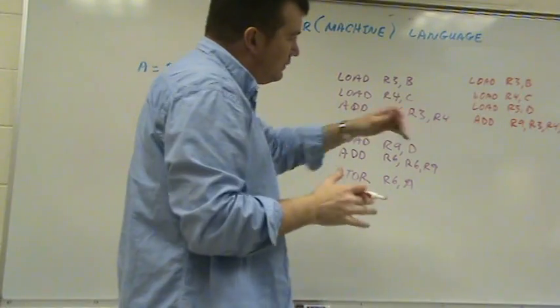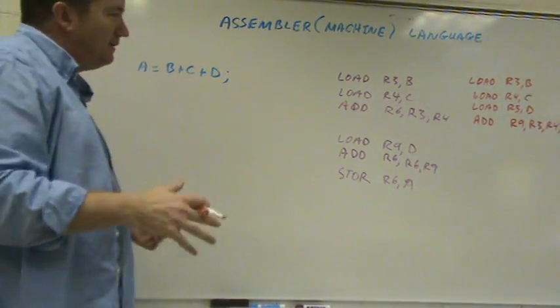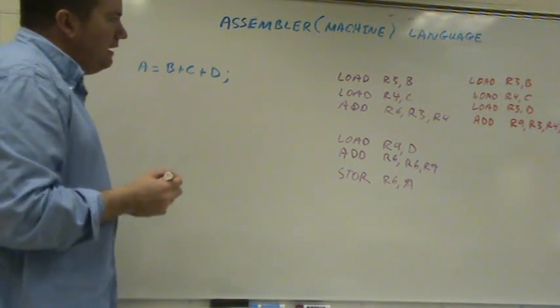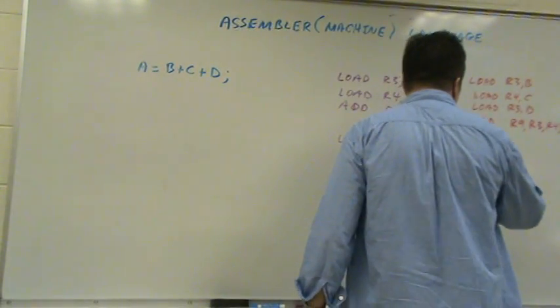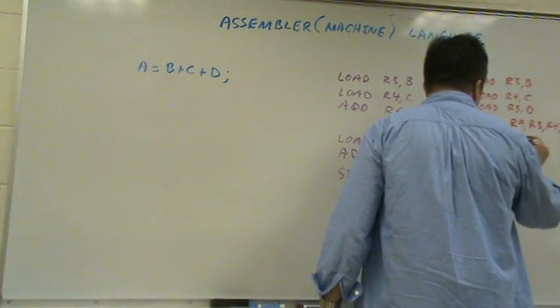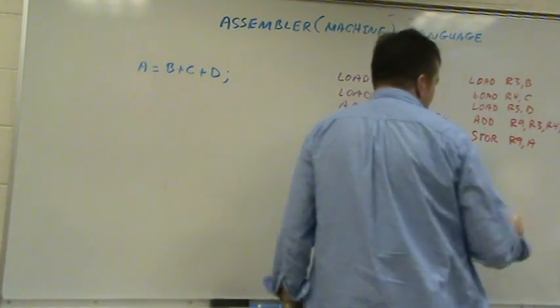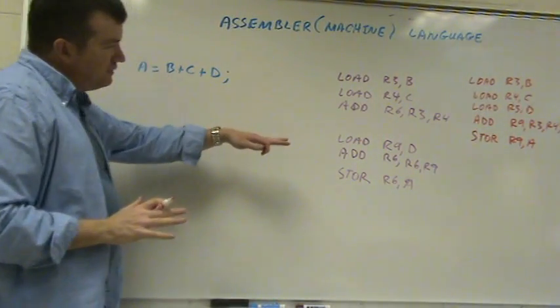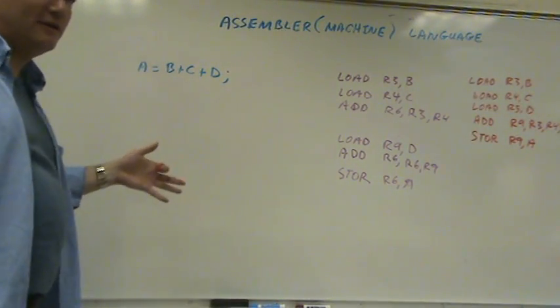We can write the assembler if we have a piece of hardware that can do it, right? Then it becomes one line of assembly. And then store R9 into A. So there are fewer instructions because we have more complicated hardware.